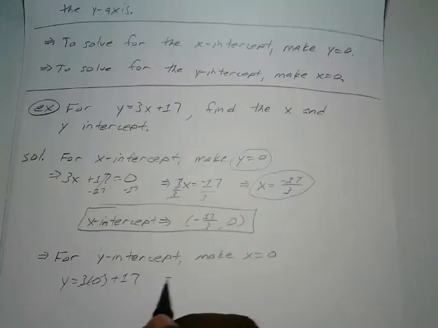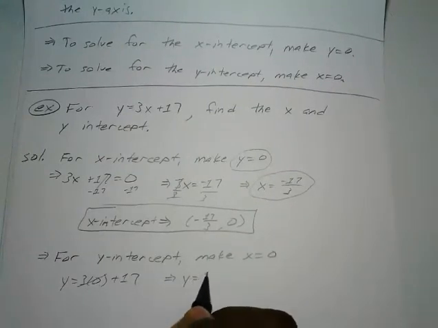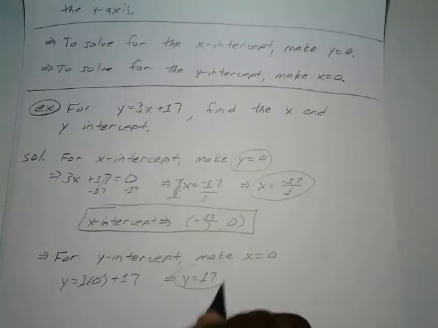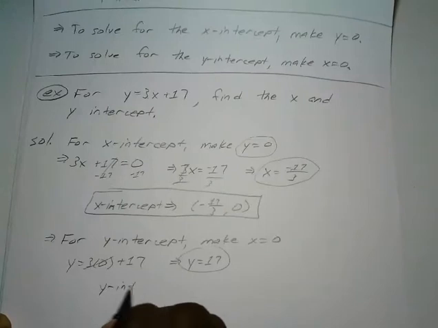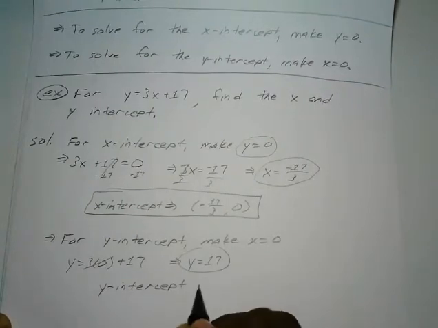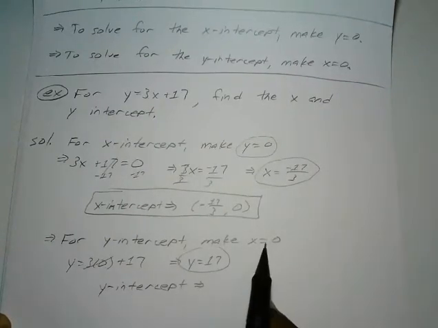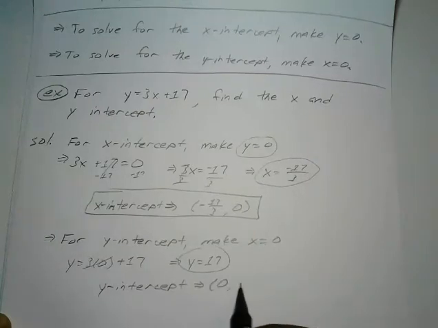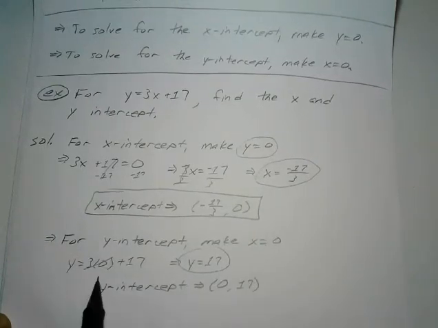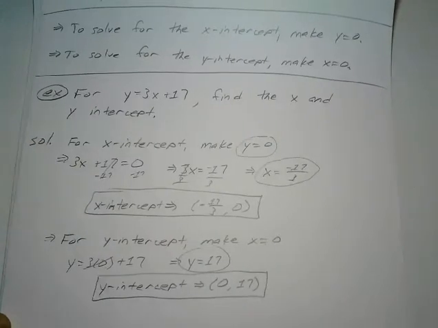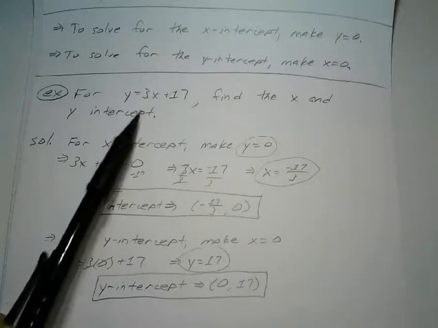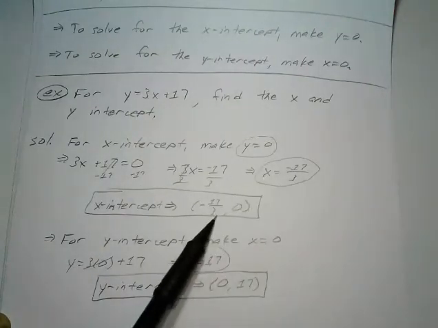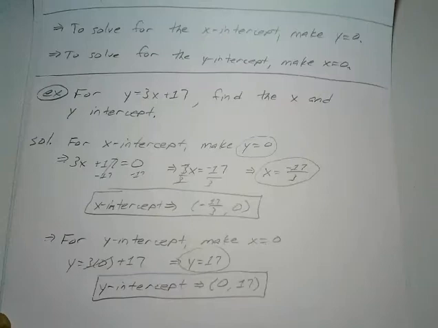So 0 plus 17 is 17. So y equals 17. That means your y-intercept is 0, 17. So that means if you graph y equals 3x plus 17, it will cross the x-axis at this point, and it will cross the y-axis at this point.